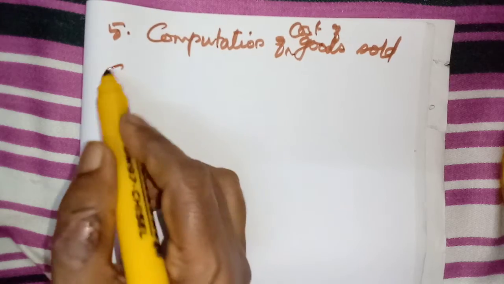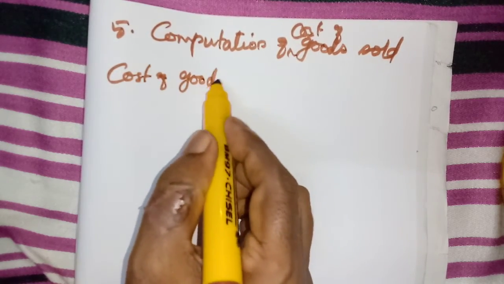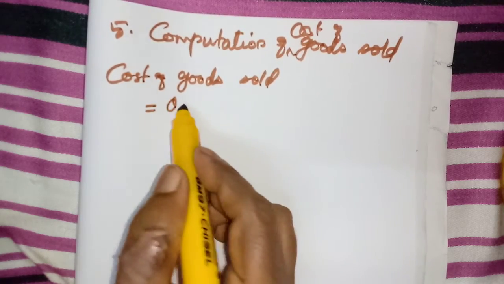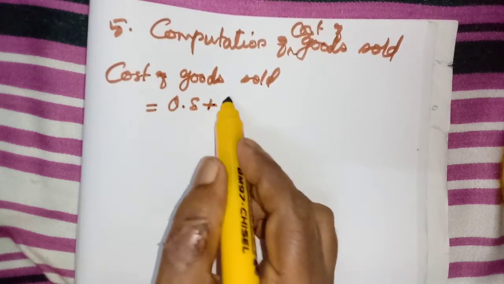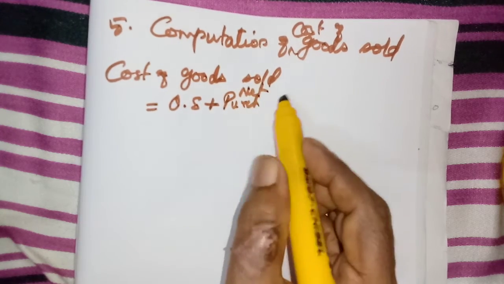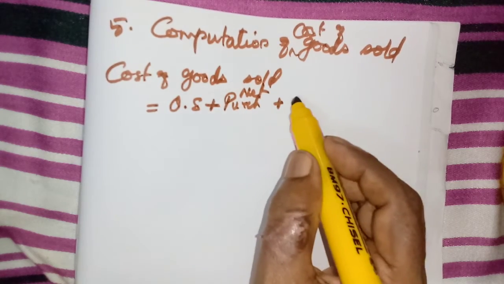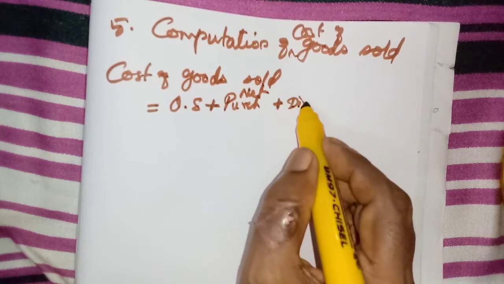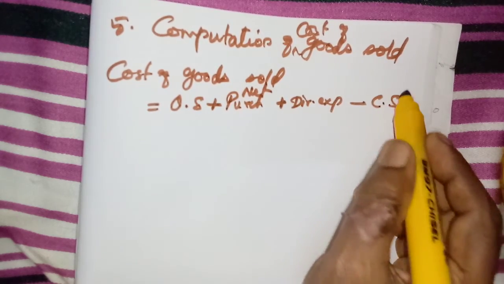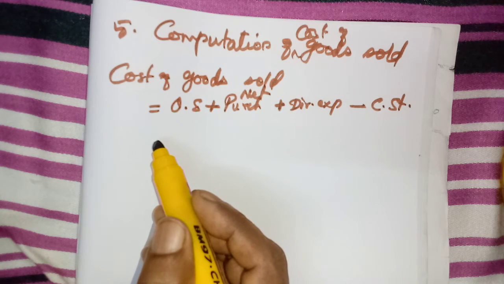Okay, cost of goods sold is equal to, you have to write the formula. Opening stock, add purchases, that means net purchases, add direct expense, minus closing stock. Okay, here what is given?